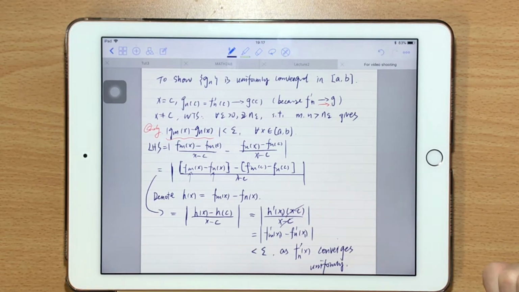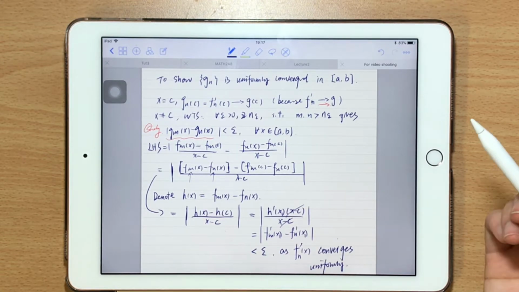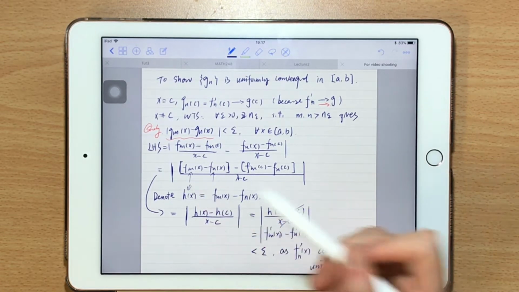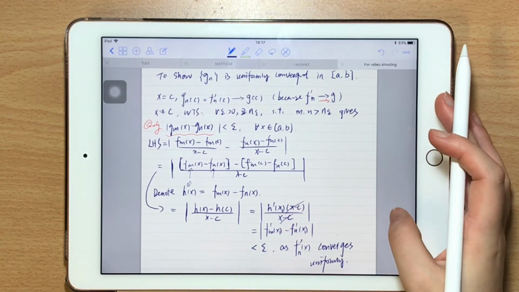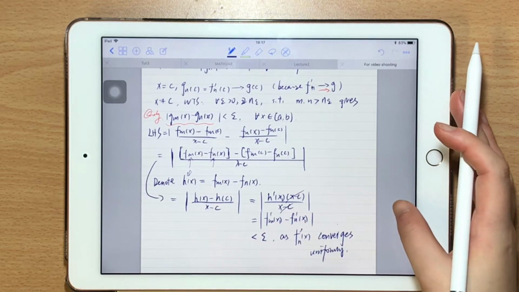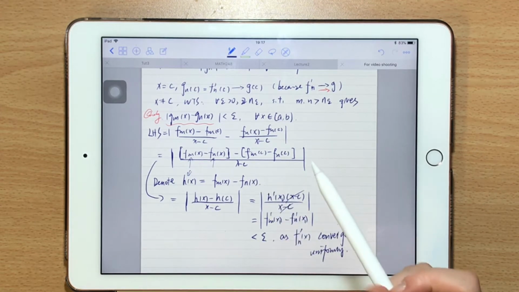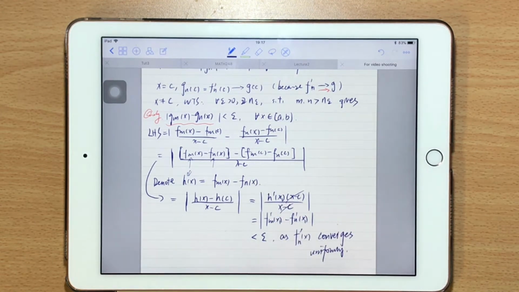So we substitute f_m(x) minus f_n(x) with h(x), so the left hand side now equals h(x) minus h(c) over x minus c.